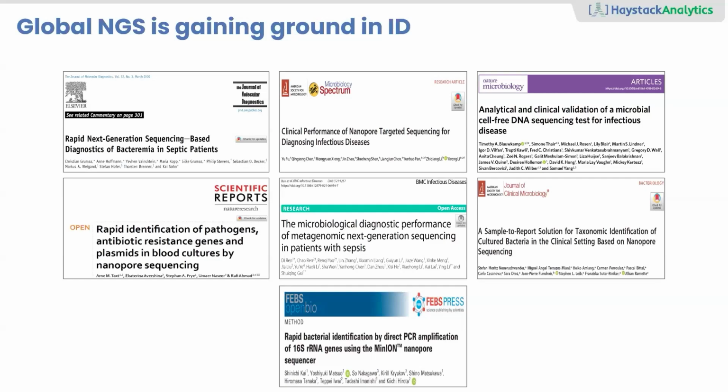So we have many articles where sequencing can detect the organism as well as the resistance genes. We have a few multiplex PCR panels that also detect organisms as well as the resistance genes. But nanopore sequencing will detect the full range of organisms with resistance genes. Next slide, please.